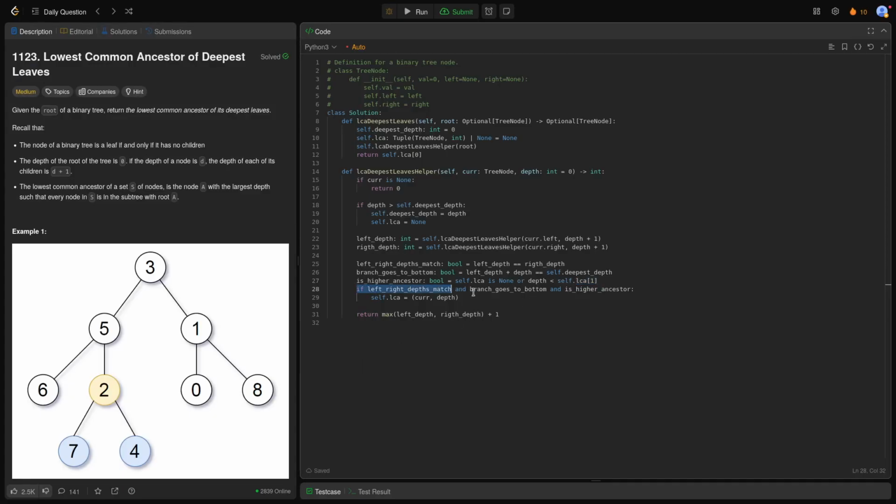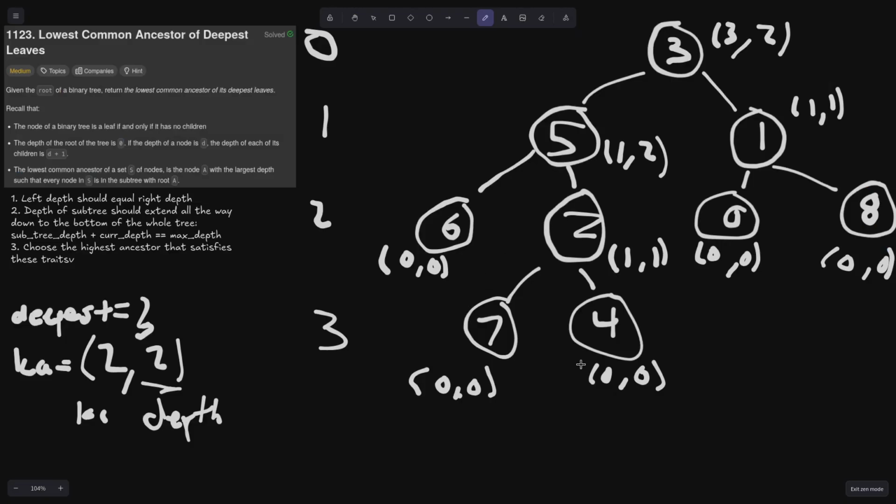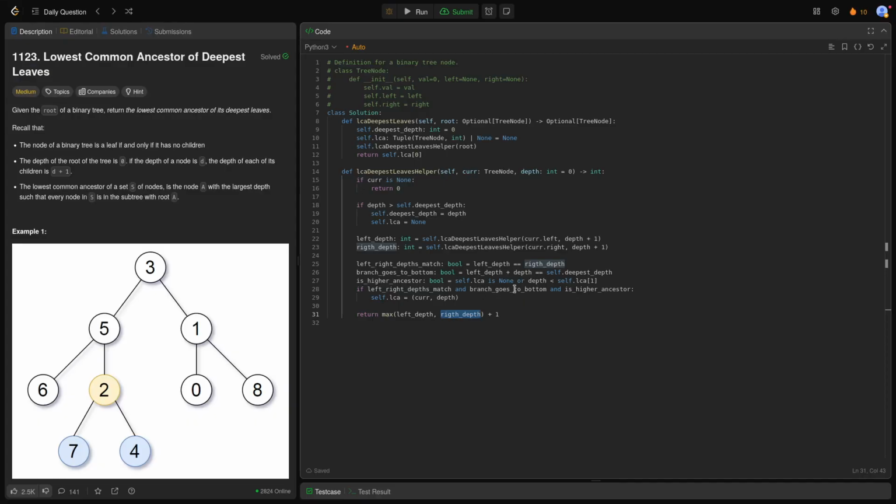If all these are true, so if the left and right match and the branch goes to the bottom and is a higher ancestor, we're going to set a new LCA at the current depth. And then this is going to return that integer that represents the depth of the subtree. So our function returns this value right here, this 1. And then we call this on the root, and then we just return self.lca[0].